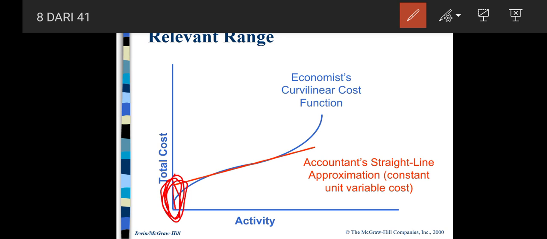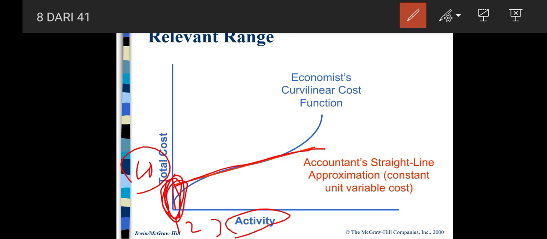Nah, namun kalau misalnya di sini kita anggap total costnya 10, aktivitasnya misalnya 1. Kalau dia 1, tetap total costnya 10. Namun kalau lebih dari itu, misalnya 2, 3 dan seterusnya, dia akan terus meningkat seiring dengan meningkatnya aktivitas, dan peningkatannya konstan.